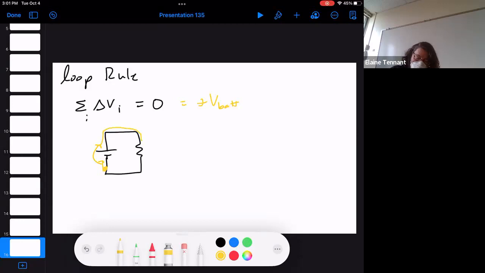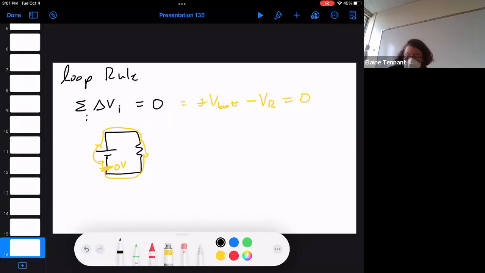I keep going, I hit this resistor, and as I go across it, I'm going to lose the voltage across the resistor. And when I get back to where I started, whatever voltage I started at needs to be the same, because I'm at the same spot. So whatever gains and losses there are, they need to add up to 0. If this is at 0 volts when I start going around, it needs to be at 0 volts when I come back to it. Everyone okay with that?